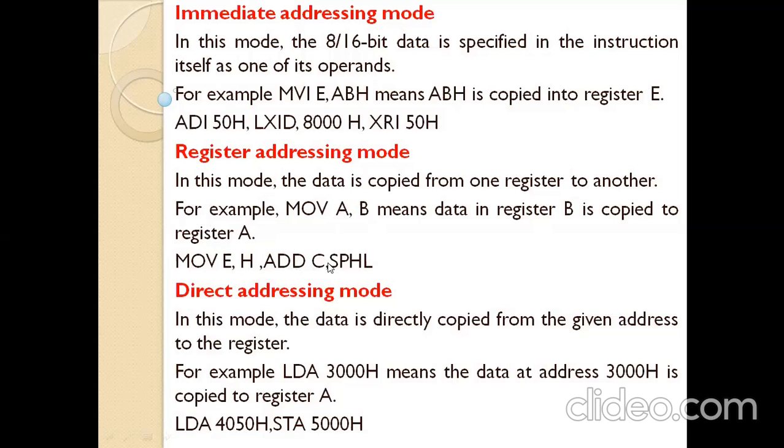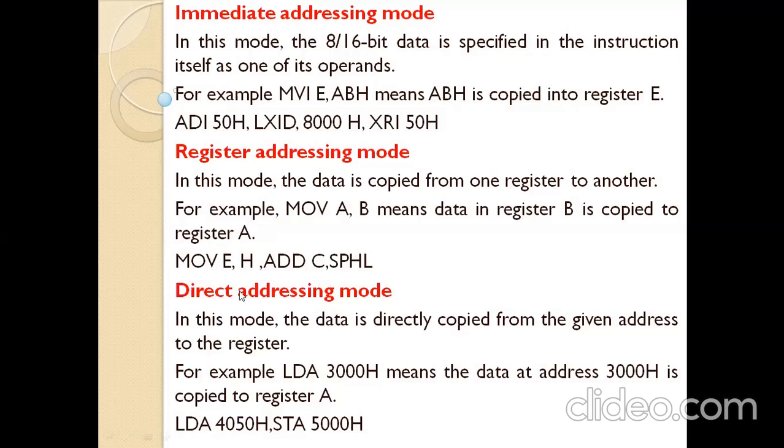ADD C means the A register content and the C register content are added and the result is stored in the A register. Here only the registers are involved. So it is called register addressing mode. Data transfer takes place between 2 registers.